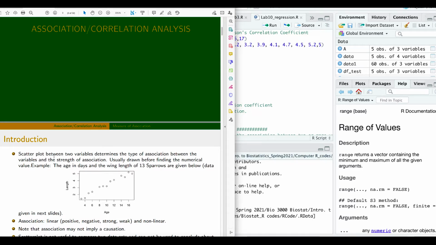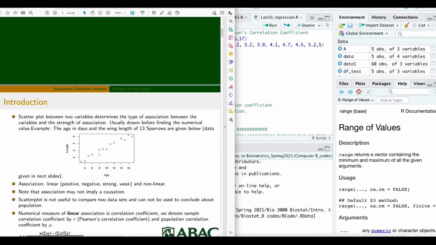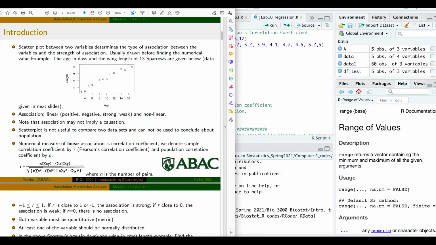The scatter plot between two variables determines the type of association and the strength of association, and it is usually drawn before finding the numerical value. We do the scatter plot before finding the correlation coefficient. This is the plot of the data set given here.